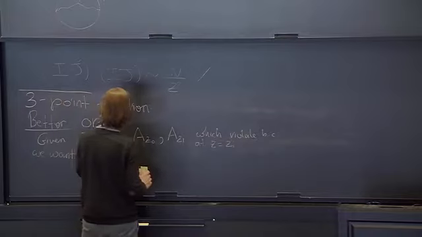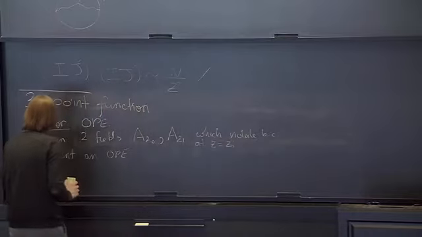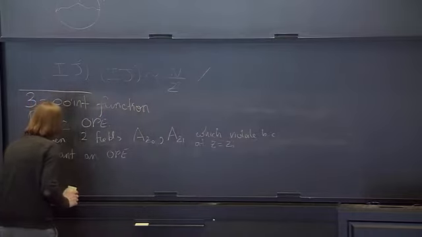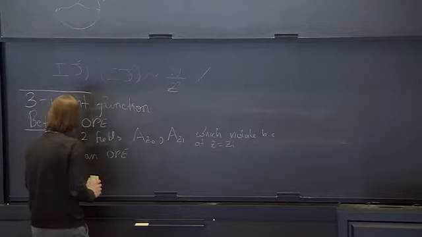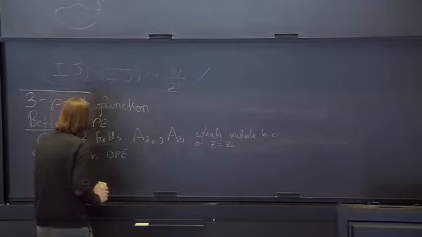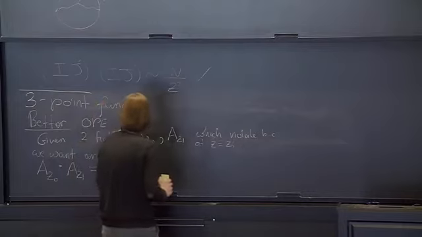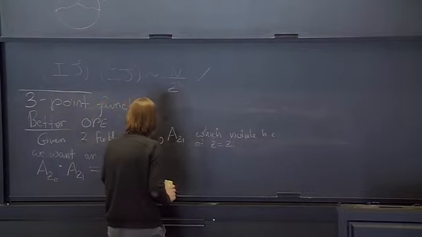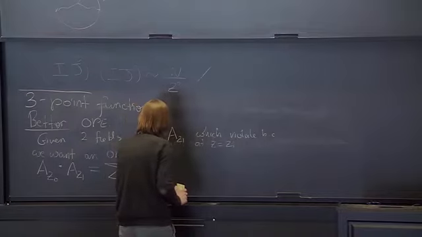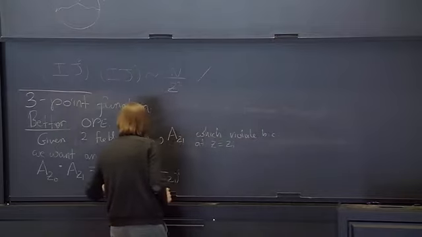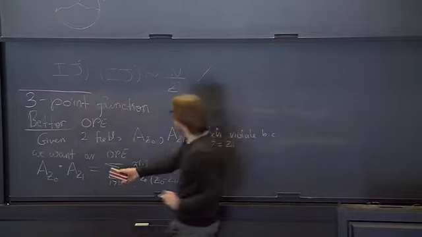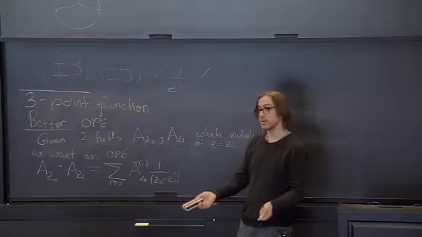So we want an OPE, A z0 times A z1. You want to do an expansion, just like in a vertex algebra.